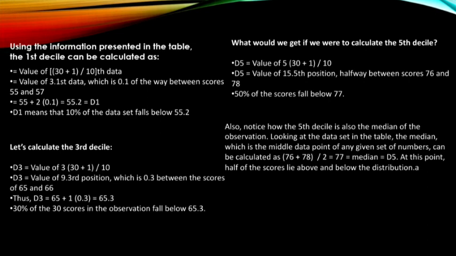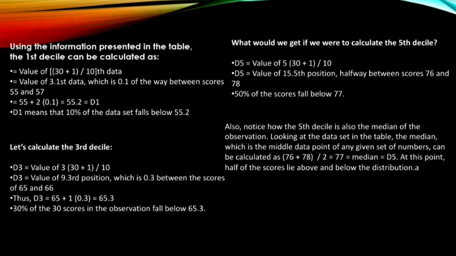Let us have the third decile. D3 is equal to the value of 3 times (30+1)/10. So you will get (30+1) times 3 over 10, the value of 9.3, which means D3 is equal to the value of the 9.3 position, which means that it is 0.3 between the scores of 65 and 66.